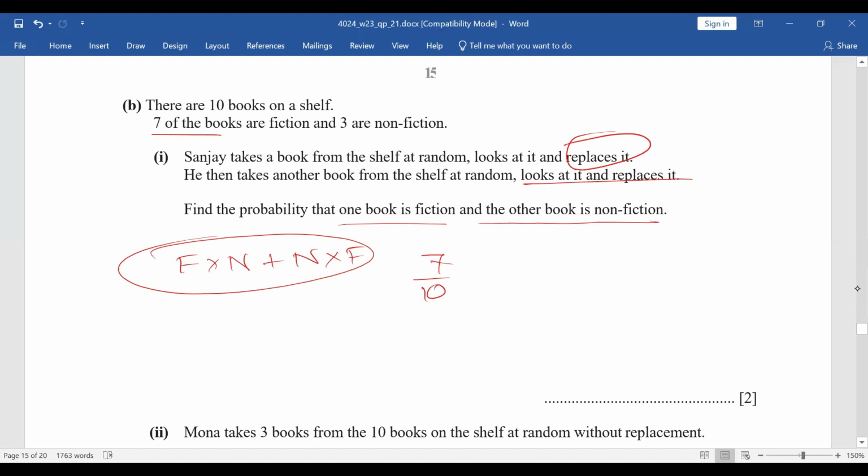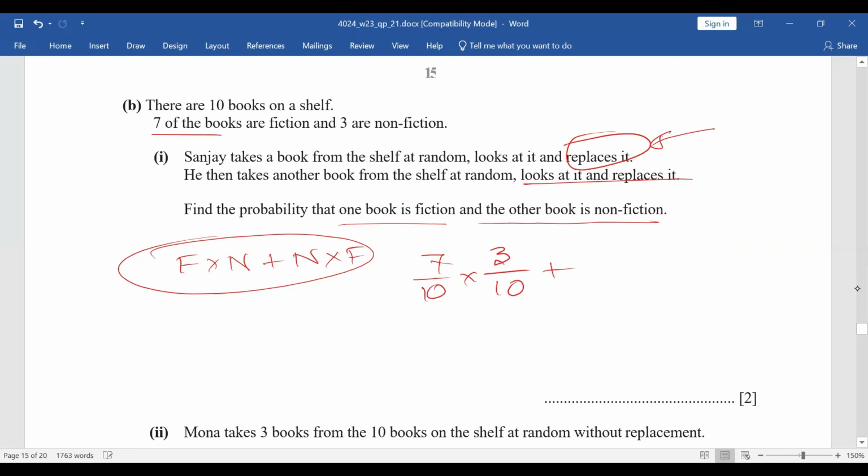The probability of this is 7 by 10 times non-fiction. The second one will be non-fiction, and as the book was replaced, there are 3 non-fictions out of 10 books, so 3 by 10.